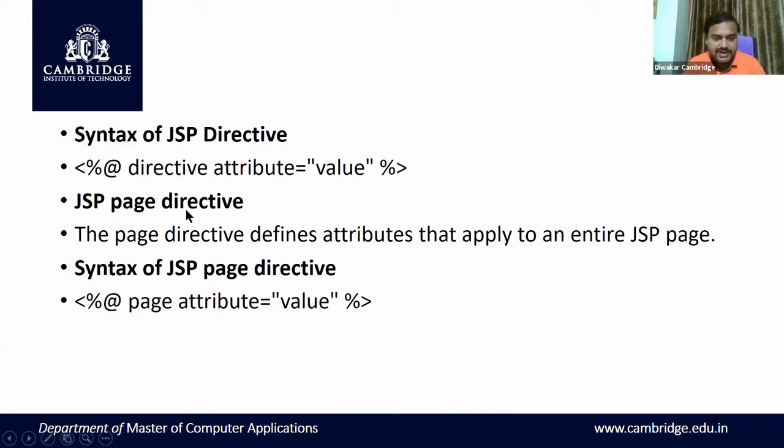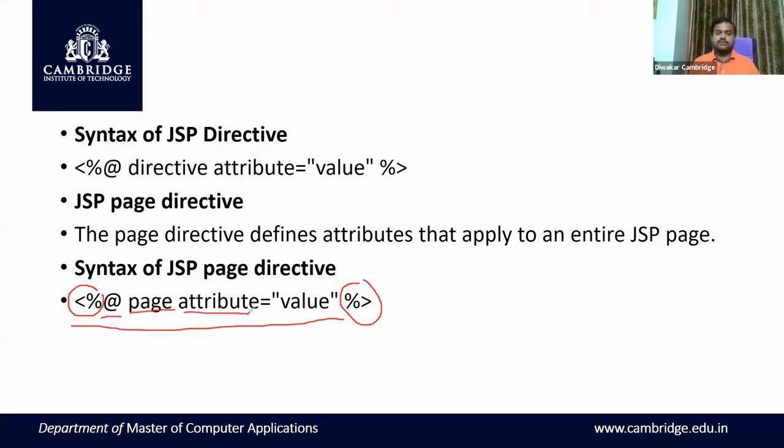So what is this page directive? How do you define it? You define the page directive in this way: the opening tag, the closing tag, the @ symbol, page, the directive name, and then the attribute.